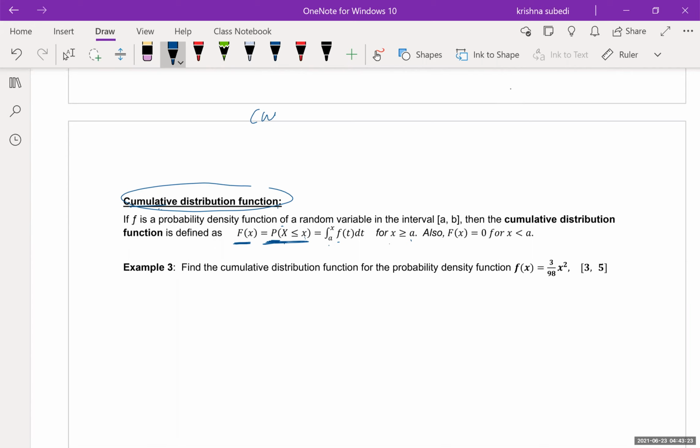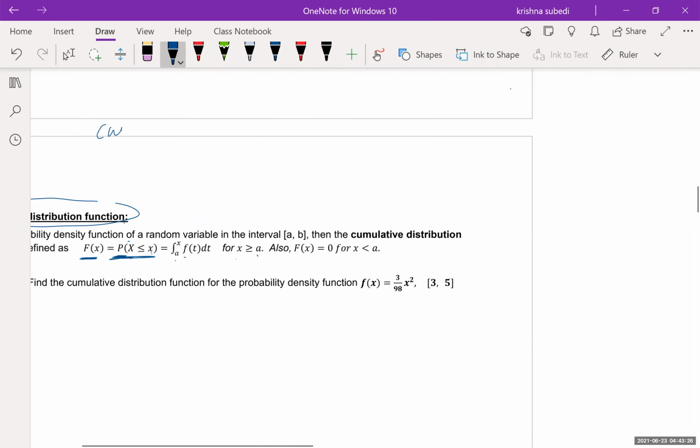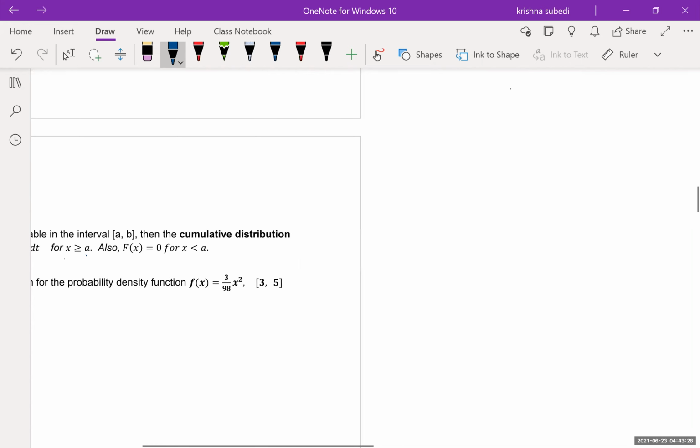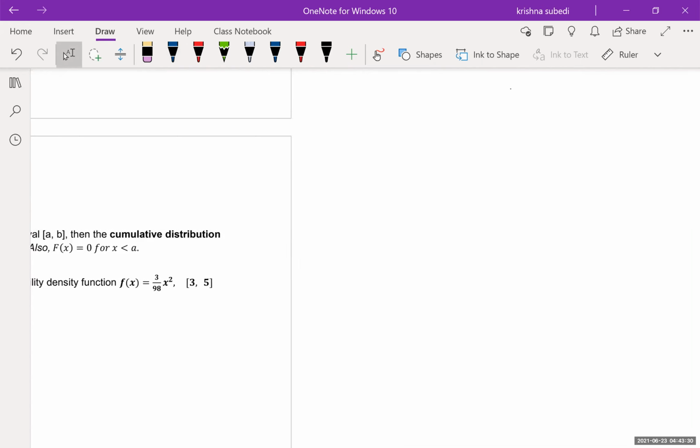Let me just remind you of your high school basic idea of cumulative distribution. What does that mean? Let me give you one random example.